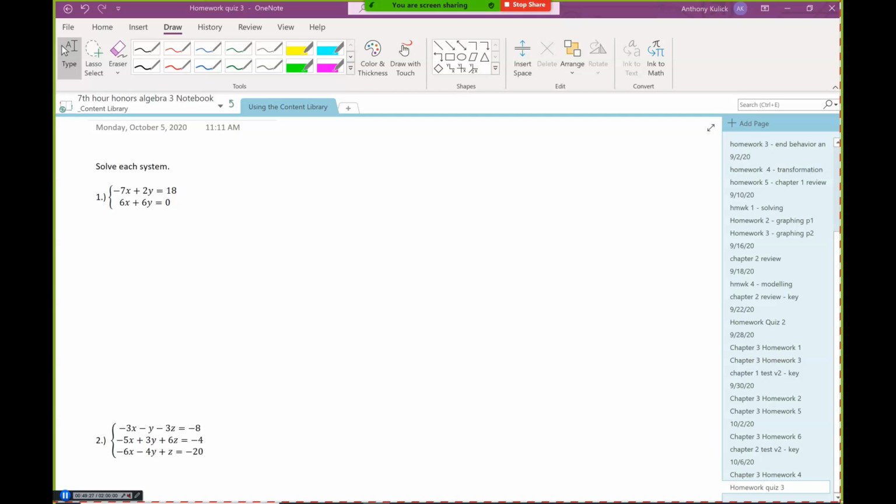And just one other added tip here. The answers for these should be whole numbers. So just to give you a little hint or a tip for checking purposes, your answers should be whole numbers.